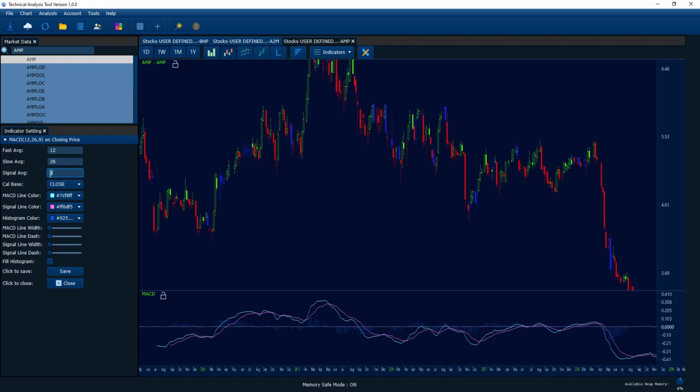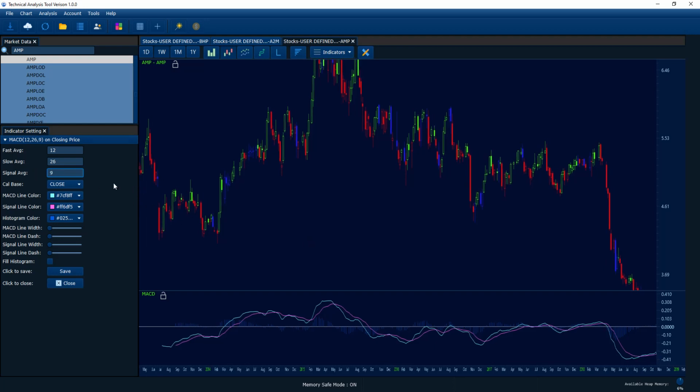The default is 9 units of the MACD number to calculate the signal line value, but you can change it to a longer period, and if you do so, you can see the pink line redrawn again, and it becomes more smooth. So it's just an input that users can use to configure those parameters to draw MACD.